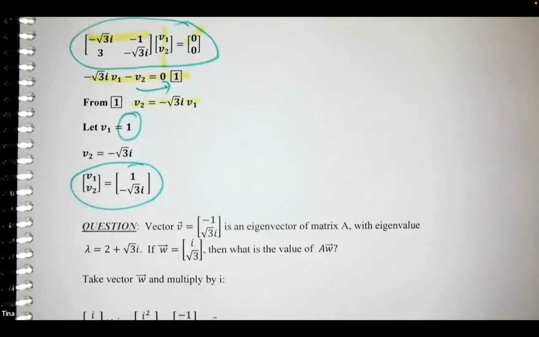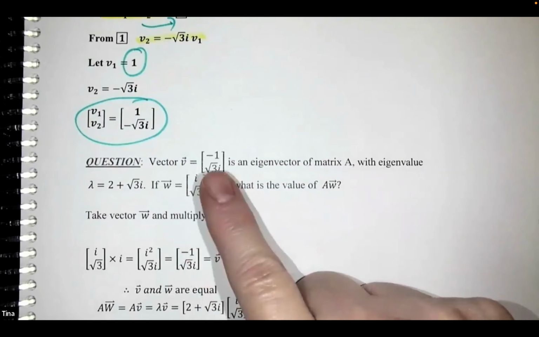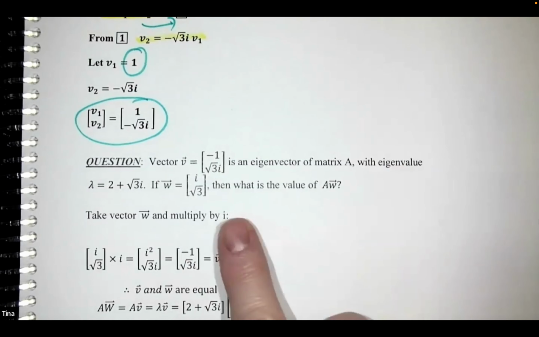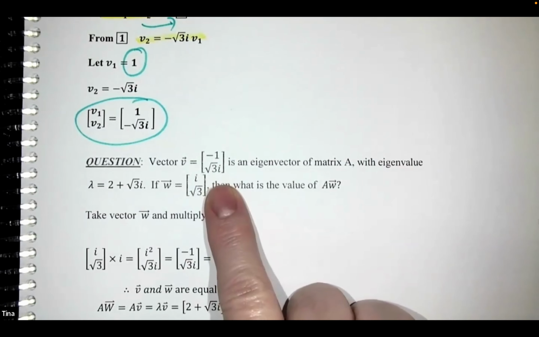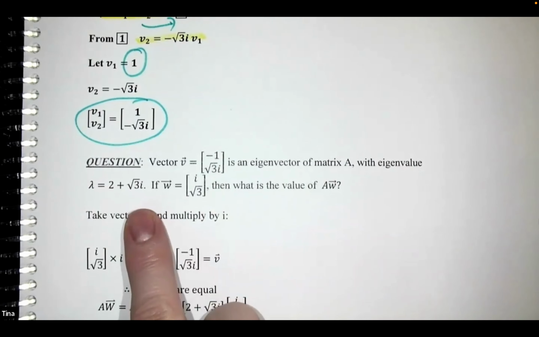Now, this at the bottom here is just talking about how often we get eigenvectors that don't really look the same for complex roots, but they are the same. So always remember, here, if we have negative 1, root 3i, it's an eigenvector of matrix A with eigenvalue 2 plus root 3i.